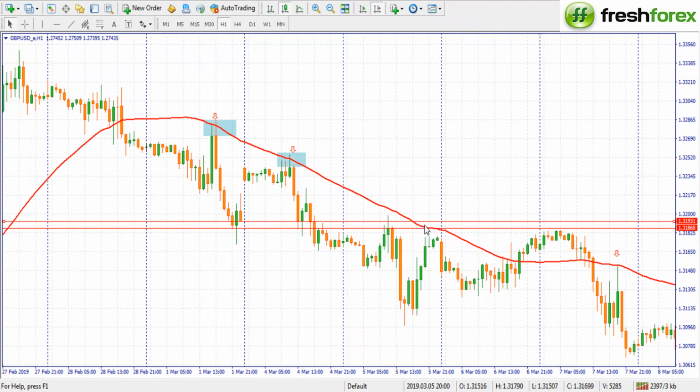So if price touched this level here, then this was a very good place to look for a sell. You don't want to sell just because this is a dynamic resistance, but only when this is a dynamic resistance and at the same time a very good horizontal sell place.